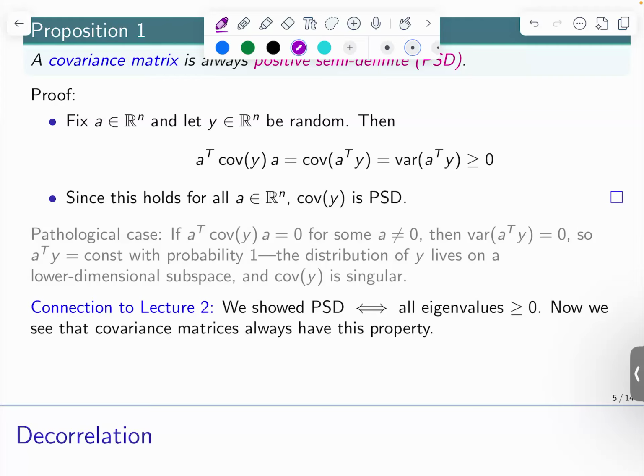Strictly positive eigenvalues, in that case, the matrix would be positive definite. So semi means it could be zero. For some A the quadratic form could be zero, and that corresponds to an eigenvalue of zero. But in general, they're always non-negative. Eigenvalues can't be negative.